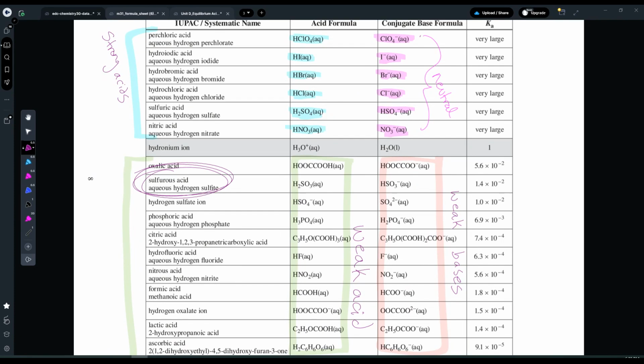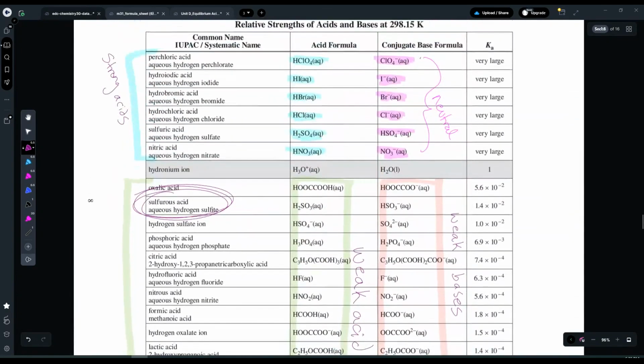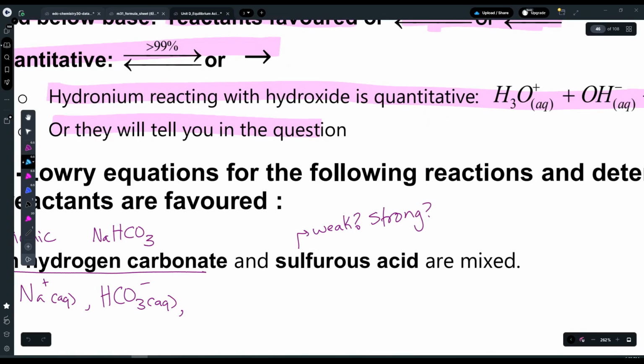Because I've found it between the gray hydronium line and the gray water line, that means it's going to be a weak acid, because I find it in the acid column. This tells us, yep, it's weak, so keep it together.